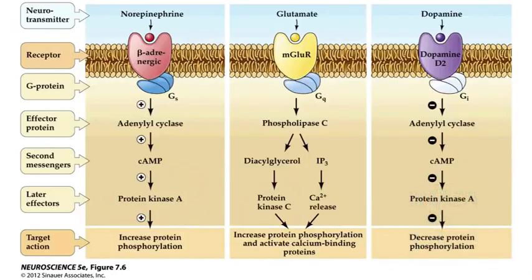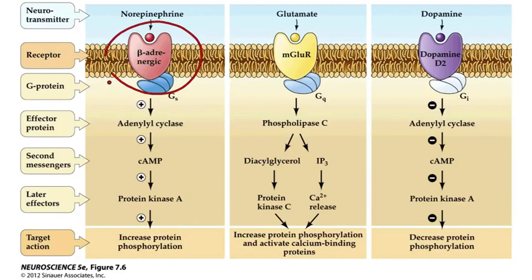Here are some specific examples. Receptors for many of the biogenic amines, such as dopamine, norepinephrine, serotonin, interact with G protein coupled receptors. Illustrated to the left is the beta adrenergic receptor for norepinephrine.